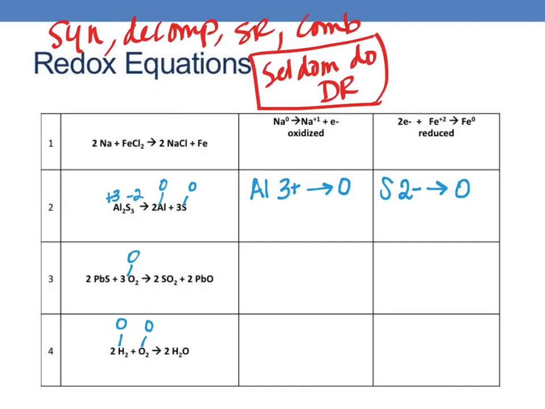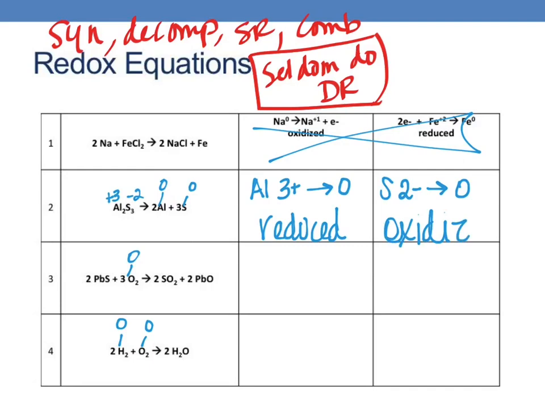Aluminum's went down, so it is reduced. Wait, I have a question. Does it matter which one you put in which? No, it doesn't matter. This is just added in there. So then that means sulfur, its oxidation number went up, so it is oxidized.